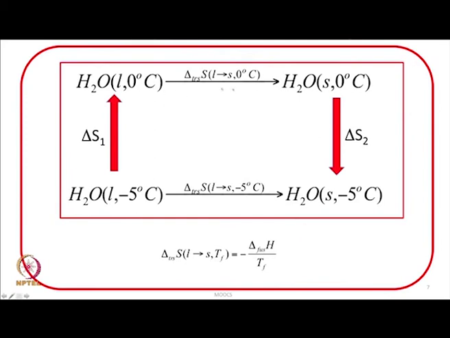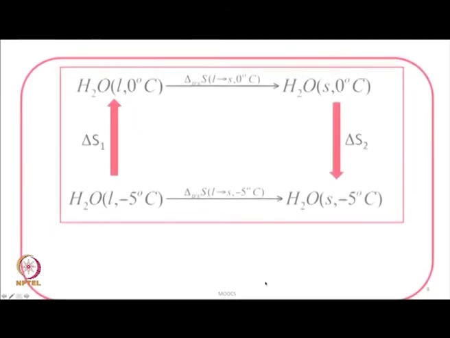It is a simple phase transition at 0 degrees Celsius for water liquid to water solid, and if you remember, the entropy of phase transition is equal to enthalpy divided by transition temperature, that we have discussed earlier. And since liquid to solid is a reverse of the fusion process, the negative sign will come, and then you put enthalpy of freezing or enthalpy of fusion divided by the freezing point.